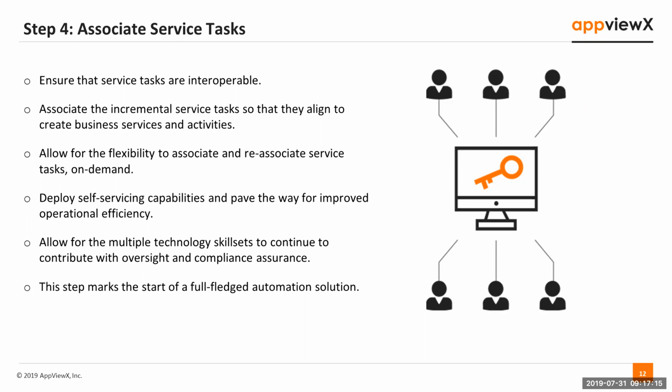Is the alignment most effective? This step marks the start of a full-fledged automation solution, once you have these contributors able to communicate effectively about how automation works towards the business-specific activities and enhancing the end-user experience.